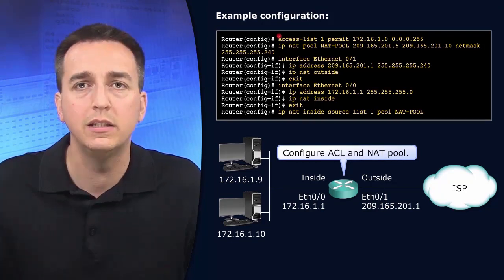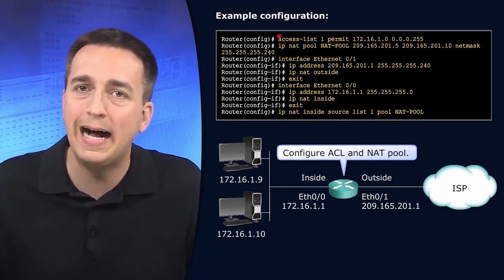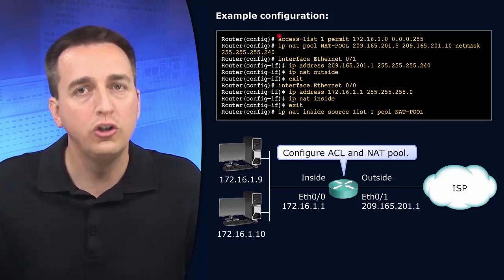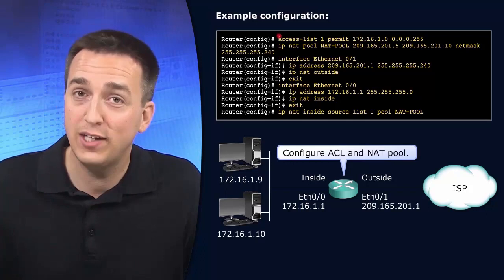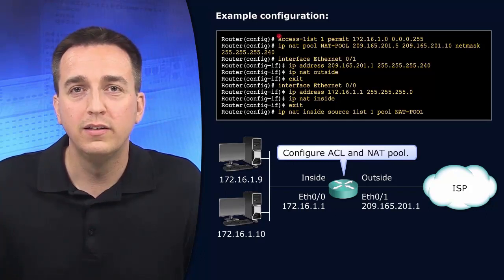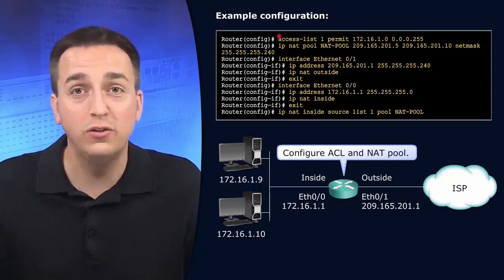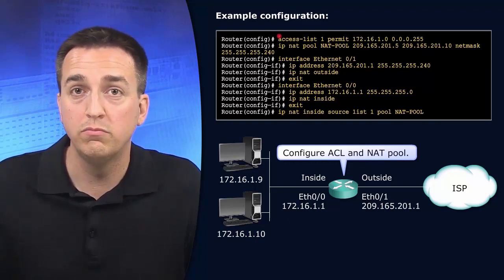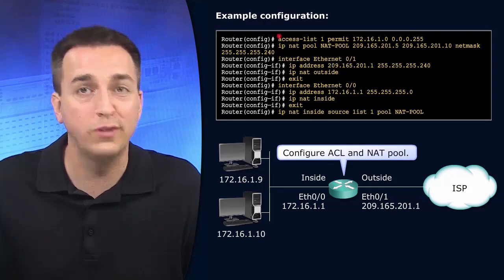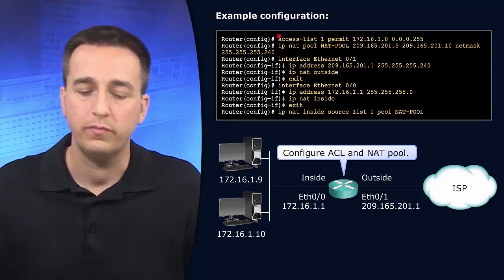And if it does, since it's a permit, it means I can translate you to a public IP address. So this access list is important. If you get the access list wrong, NAT is not going to be working as you expect it to. You might be translating the wrong IP addresses or not translating the IP addresses you expect to be translated.